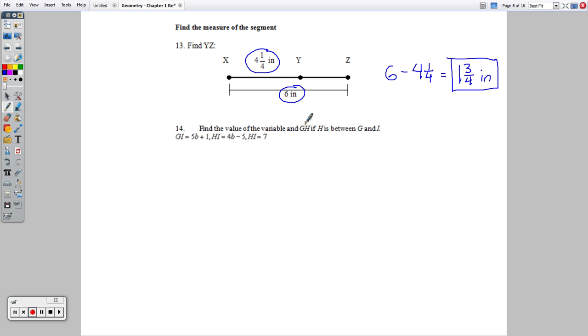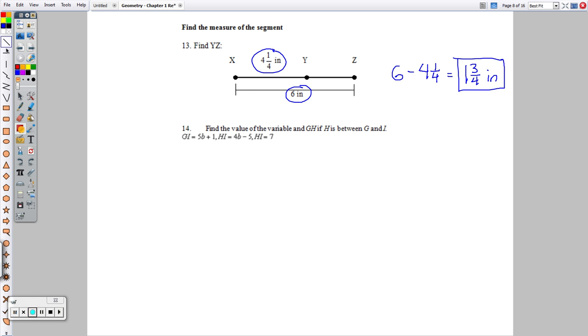Find the value of the variable and GH. If H is between G and I, GI equals 5B plus 1, HI equals 4B minus 5, and HI also equals 7, it looks like. So let's draw a picture of that situation.